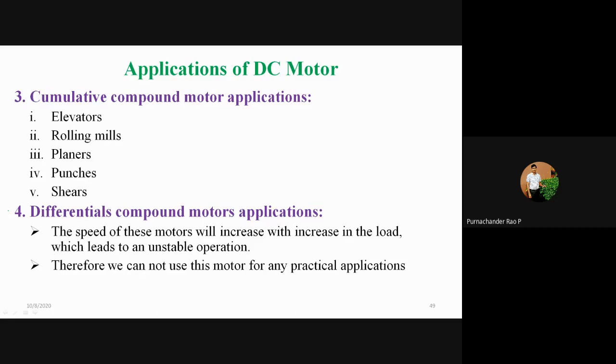Only then the back EMF operates and produces the currents and torque to meet the load demand. But in differential motors, this is not the case. As the load increases, the speed also increases, so the motor operates in an unstable region. Because of these reasons, these applications are very rare.